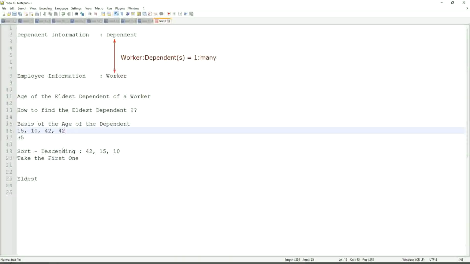Okay. But in this case, even if you have more numbers like 42, 43, 75, 82, and so on, if one worker has so many dependents with these ages, will our logic that we have defined be absolutely bulletproof?